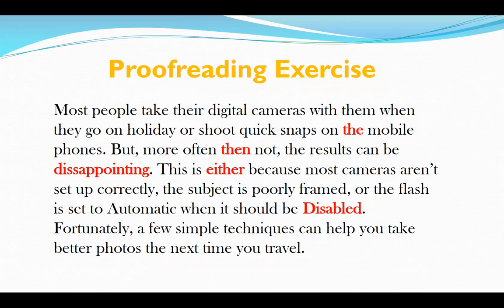This is because, just get rid of the either. Automatic is a setting on the camera, capitalized as an A, so disabled should be capitalized. Fortunately, a few simple techniques can help you take better photos the next time you travel. So some of these things are really hard to see, right? The then and the then, the disappointing, the capitalization here.